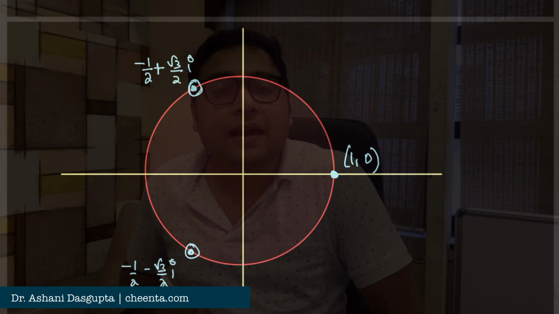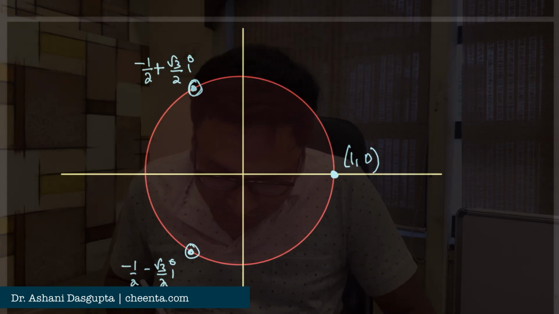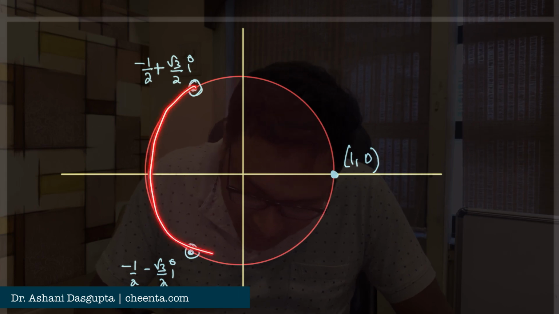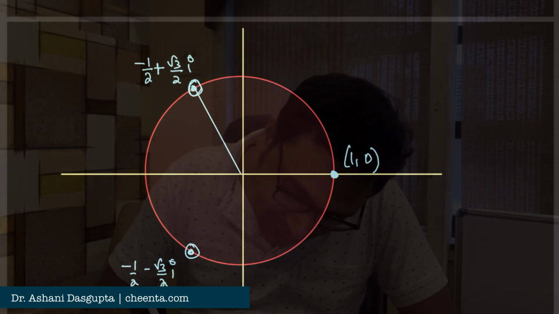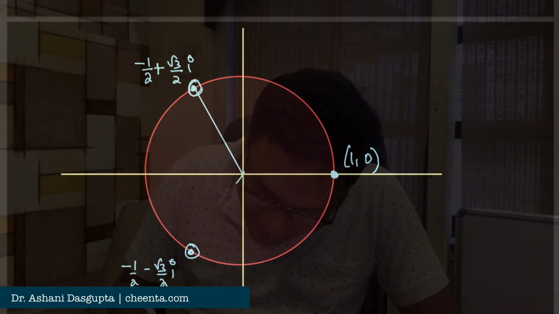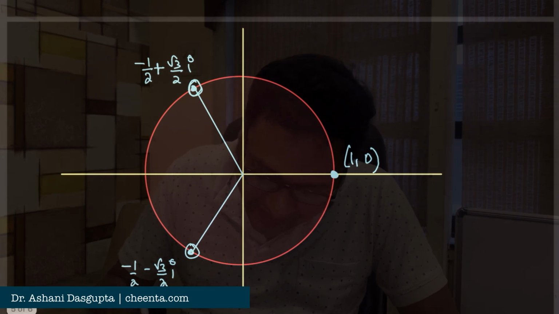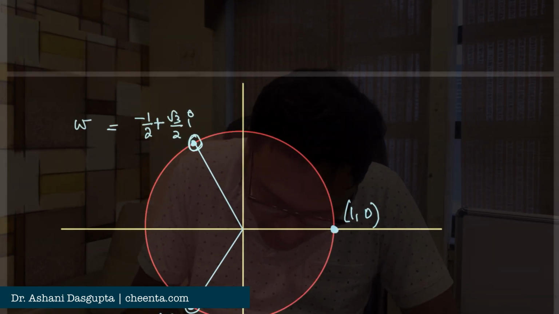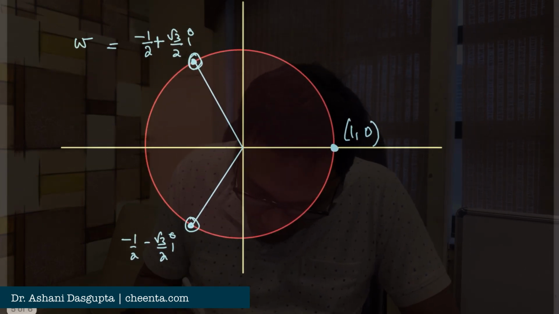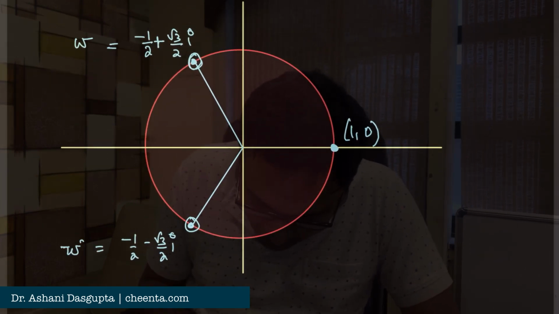So these are the 3 points. They are on the unit circle. I think in my notation, this is omega, and this is omega square.